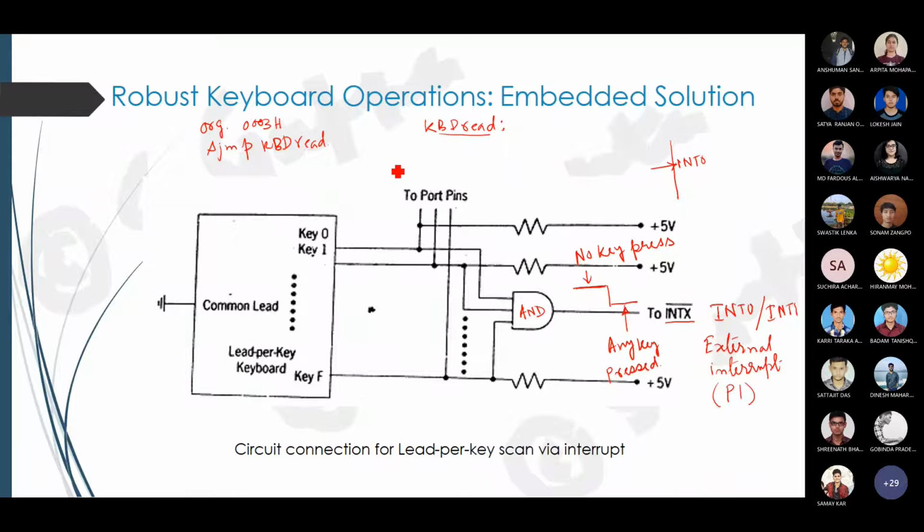This label will be addressed by the assembler itself; we do not need to do that. Whenever it comes, the program counter is pointing to this location. It means that there is a key press. So what is needed? In this case, it would be better if you debounce the circuit in the hardware itself.